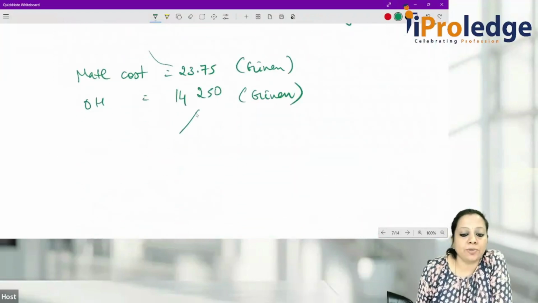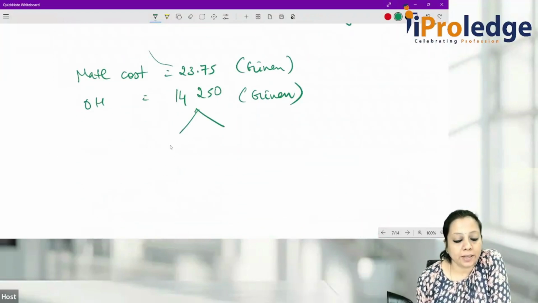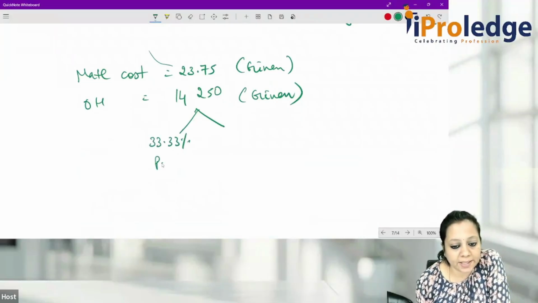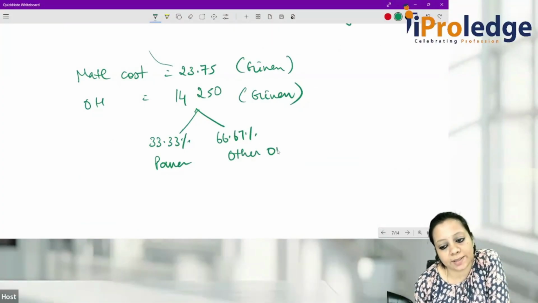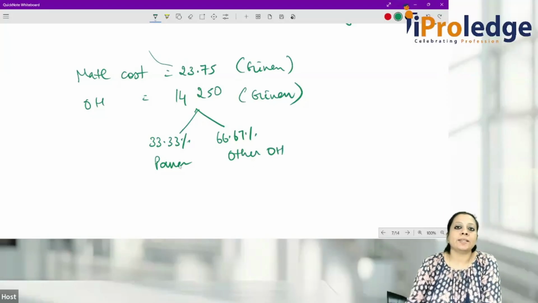So this 14,250 has to be viewed as two different things. 33.33 percentage is power and the balance 66.67 percentage is other overheads, because the basis is different.